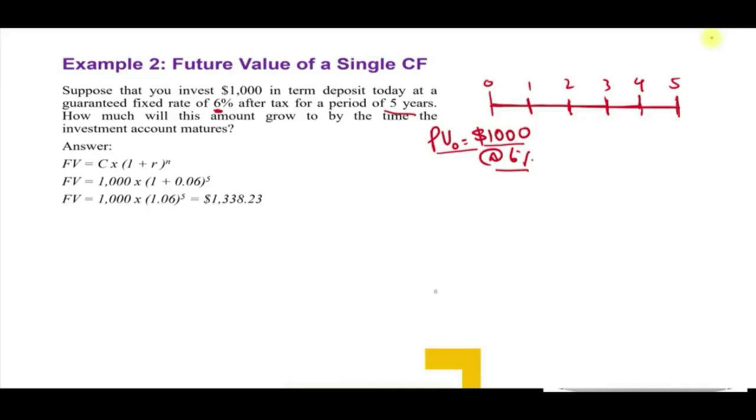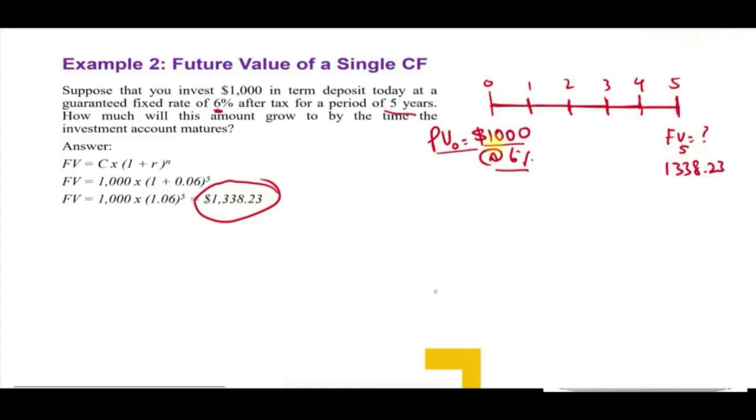Now we are going to find the future value at year 5. So FV is equal to C (1 plus R) power N, which would be equal to 1338.23.